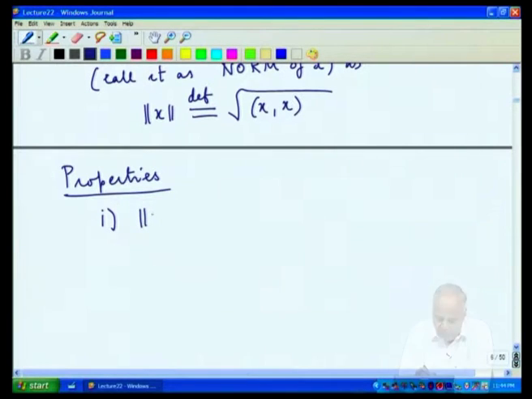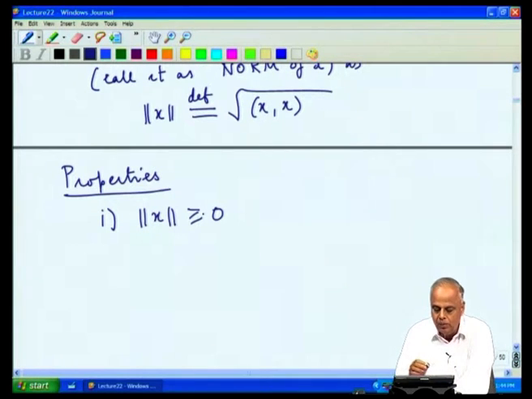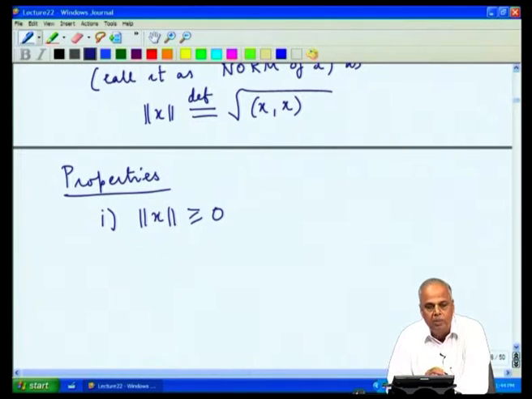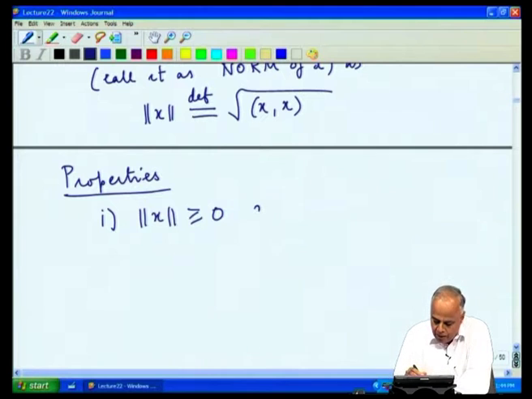The first property is that the length of a vector is always non-negative, because the square root of x comma x is always non-negative, and equal to 0 if and only if what is inside is 0, that is, x comma x is 0.